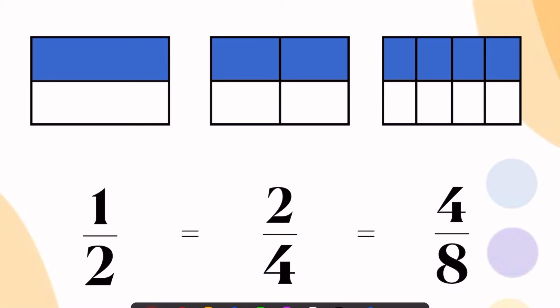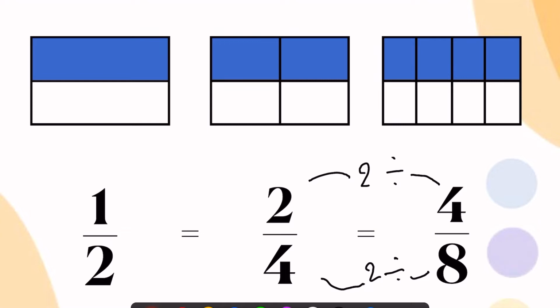Can you tell me how I get 2 from 4? I need to divide 4 by 2, right, to get 2. And how do I get 4 from 8? Very easy. I need to divide 8 by 2 to get 4. Can you see the same number?